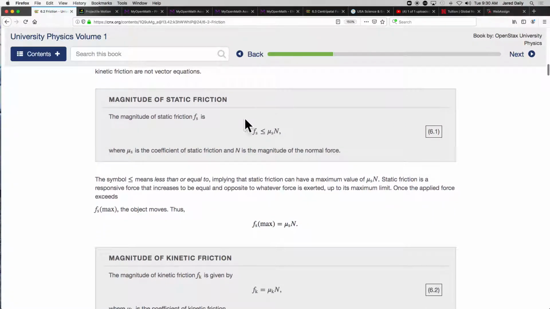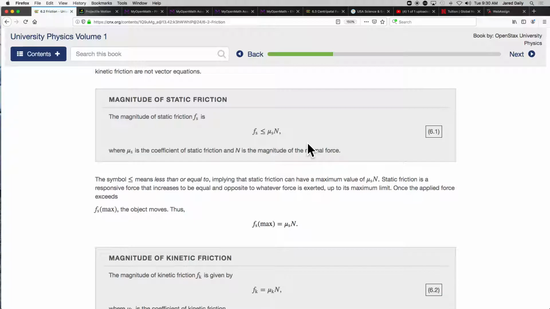The static friction can react to the pushing up to a certain point. So if I have my little tape dispenser on my table here, and if I push on it with just a little bit of force, it will push back with that same amount of force, and the tape thing won't go anywhere. So it's just sitting there, right? If I push a little bit harder, it still pushes back with enough force to stop it from moving.